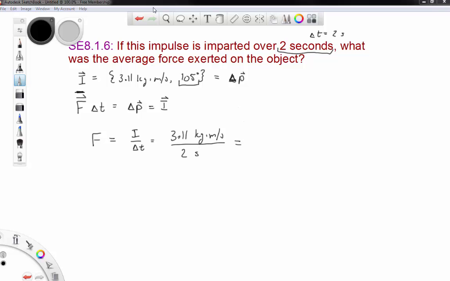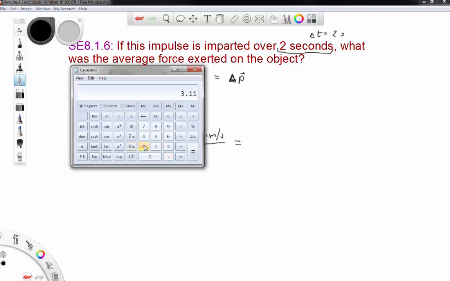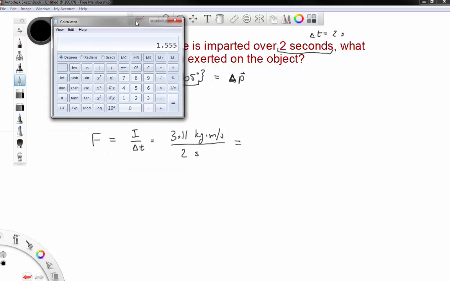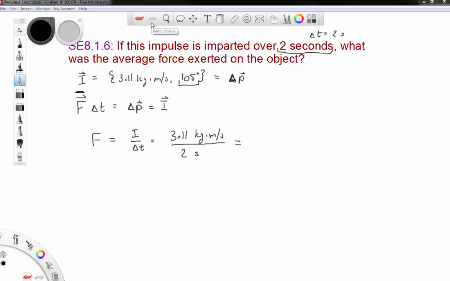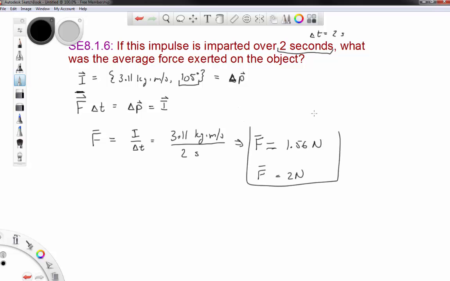And so you end up getting a total force of 1.555 kilogram meters per second per second. That's kilogram meters per second squared, and that's the same thing as newtons. So the average force here is approximately 1.56 newtons. And again, if we are being real sticklers on significant figures, we would round that to 2 newtons since it's only one significant figure.